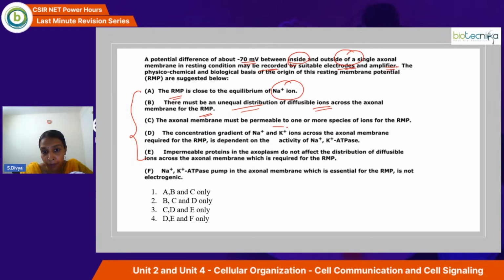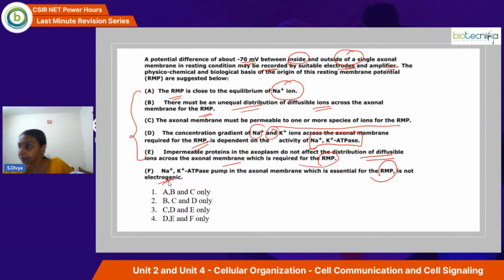The axonal membrane must be permeable to one or more species of ions for the RMP. The concentration of sodium and potassium across the membrane required for RMP is dependent on the activity of sodium potassium ATPase. Impermeable proteins do not affect the diffusion of diffusible ions across the membrane, which is required for RMP. Then, sodium potassium ATPase in the axonal membrane is essential for RMP, but it is not electrogenic. Find the correct combination over here.